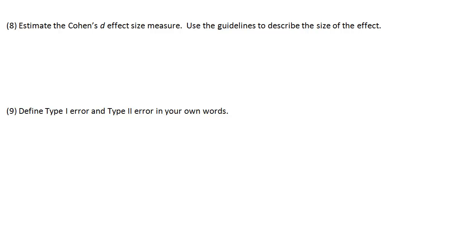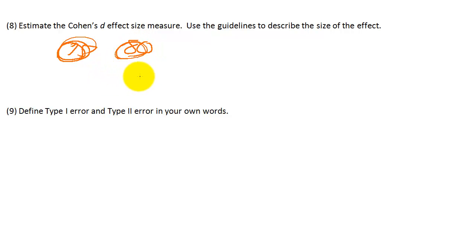Estimate the Cohen's d effect size measure. Use the guidelines to describe the size of the effect. We got 75, and the population mean was 80.